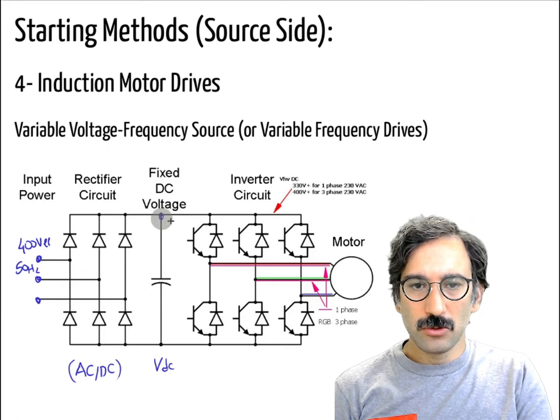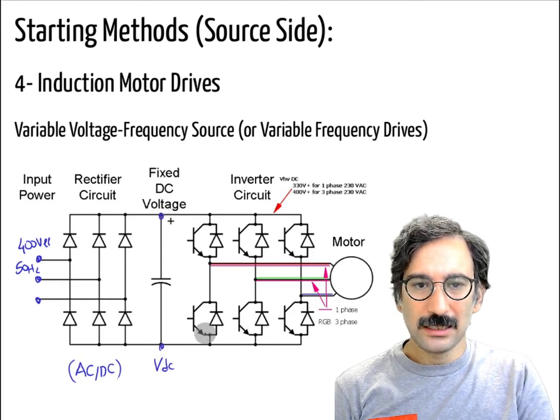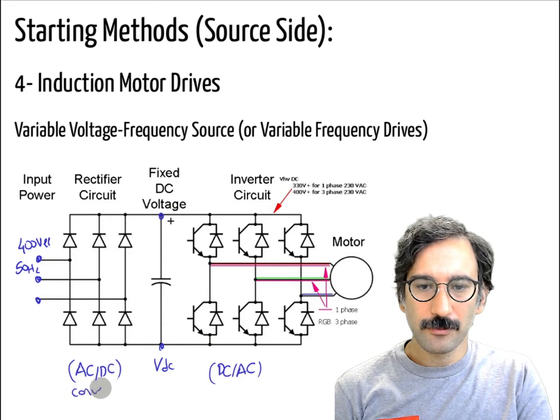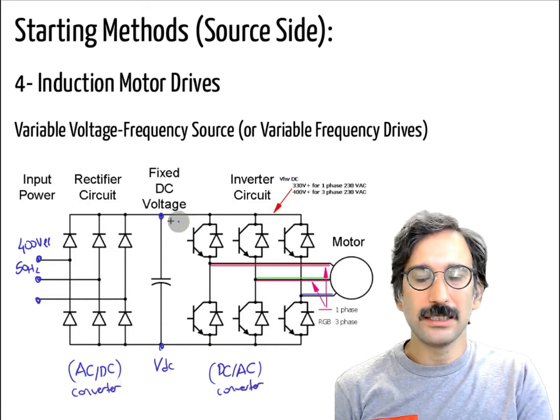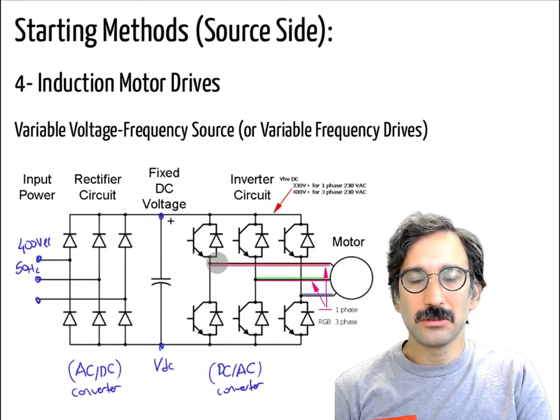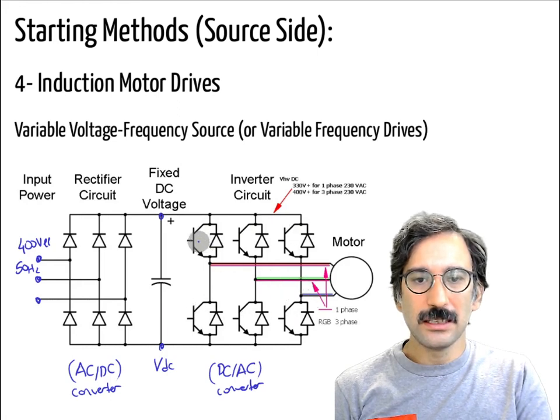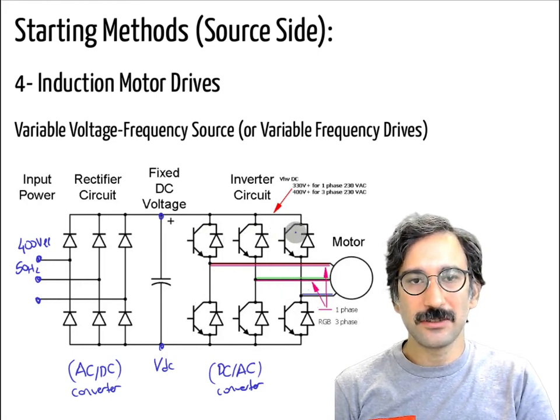Then using that DC, you have what is called an inverter. That is a DC to AC converter. That's out of the scope of this course, but you convert that DC to AC by using 6 transistors and their anti-parallel diodes.